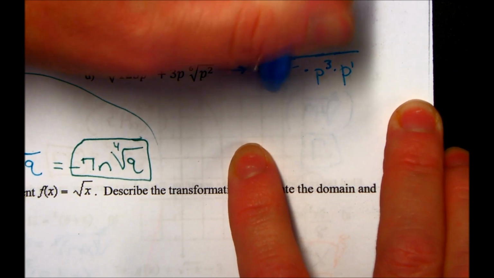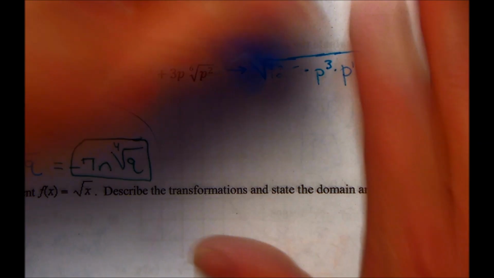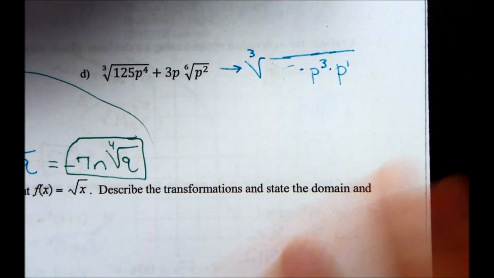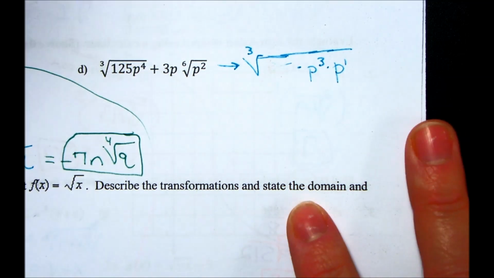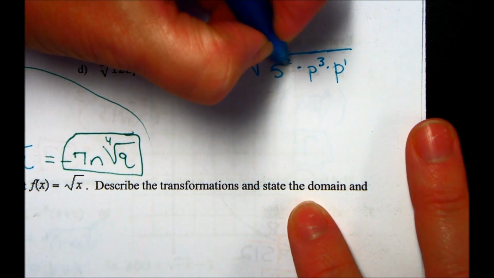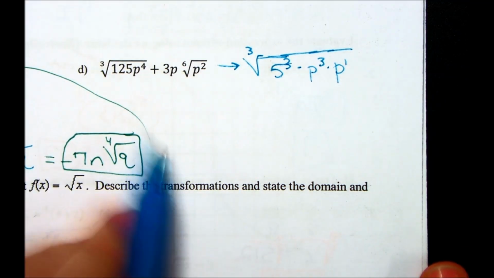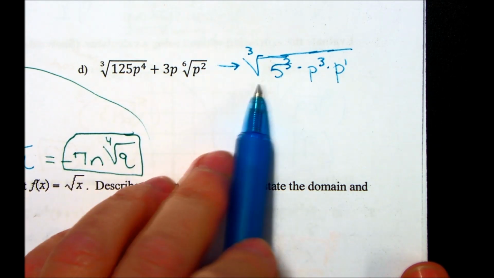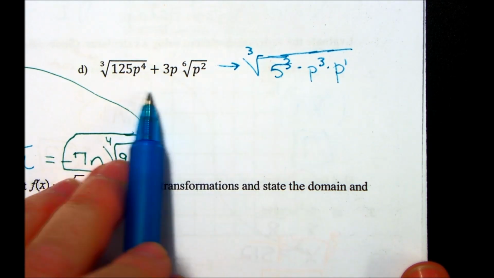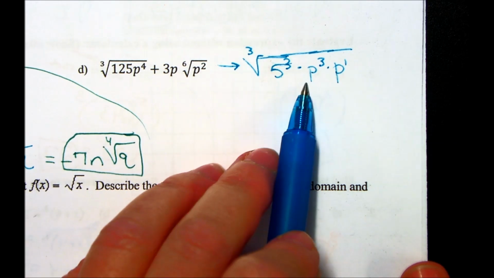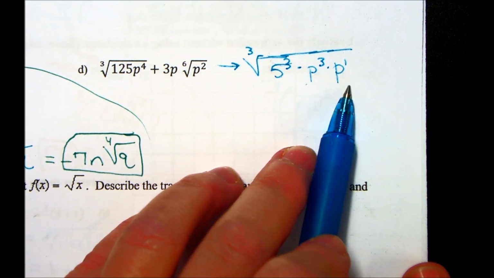125 is a perfect cube. 125 is equal to 5 to the third power. So the 125 can be rewritten as 5 to the third power. The p to the fourth can be rewritten as p to the third times p to the first.